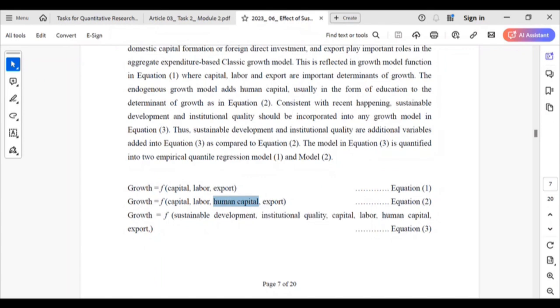Human capital is a concept. How do you proxy or measure it? Last time, researchers 50 years ago or 40 years ago used enrollment in secondary education, right? That means the higher the enrollment in secondary education, you consider it as higher human capital. At least you have skilled labor, that is the assumption.